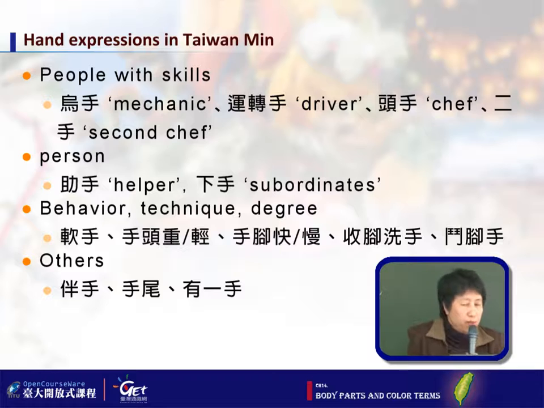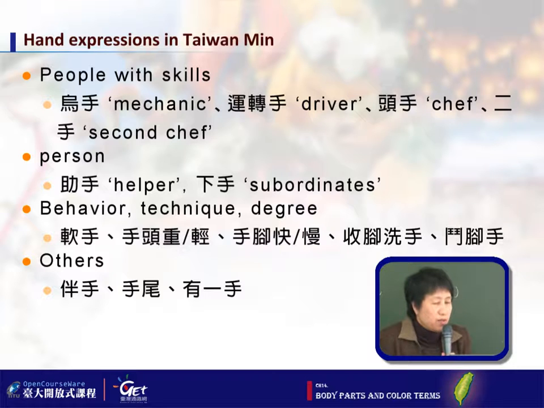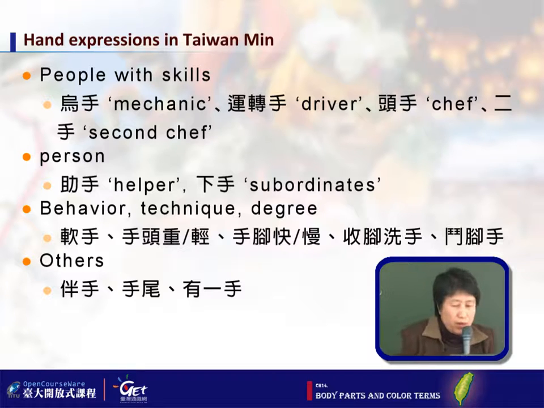Hand could also refer to a person, 助手 or 下手, helper or subordinates. Or sometimes behavior or techniques and degrees, different behaviors. We also use hand to refer to that. If you refer to somebody as 软手, soft hand, meaning that they are a coward or not strong-minded. 手头重, hands are heavy or hands are light.